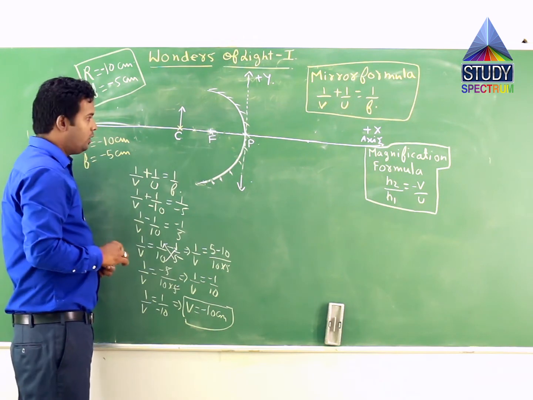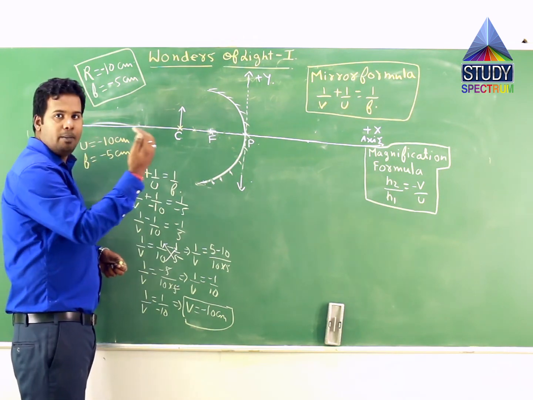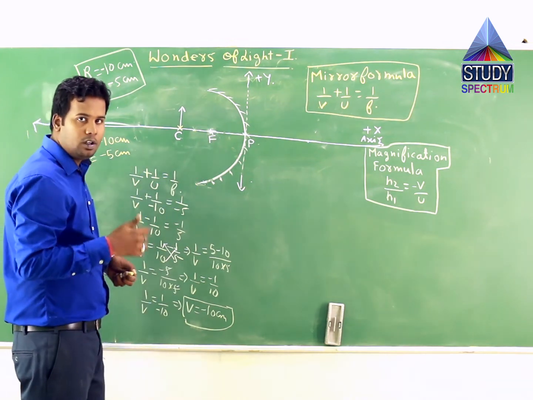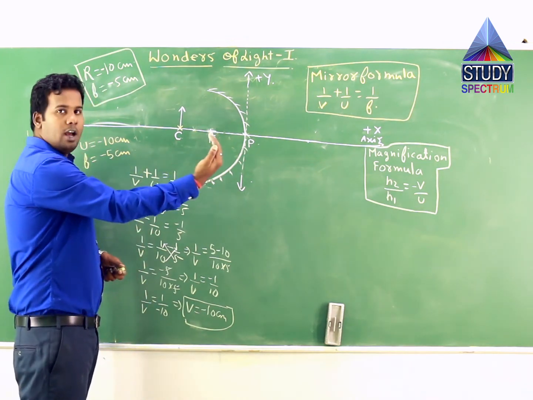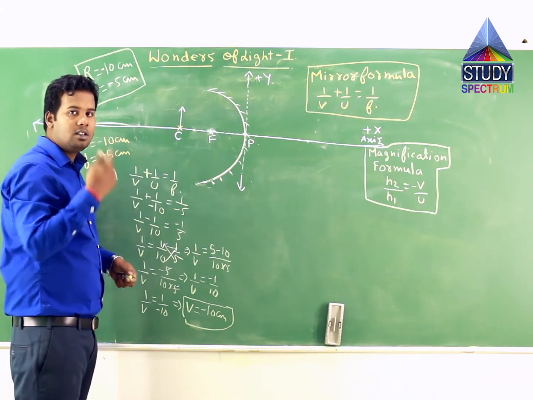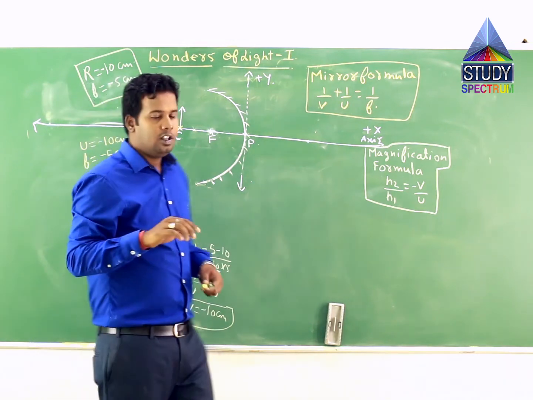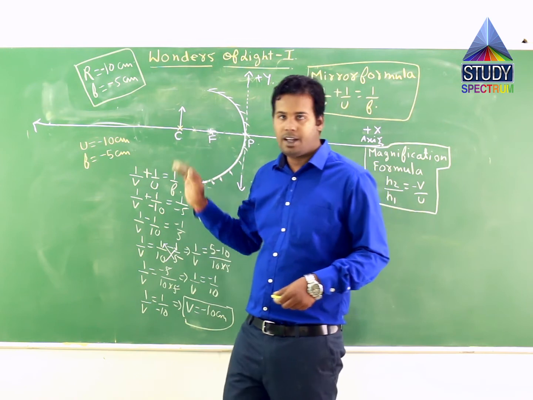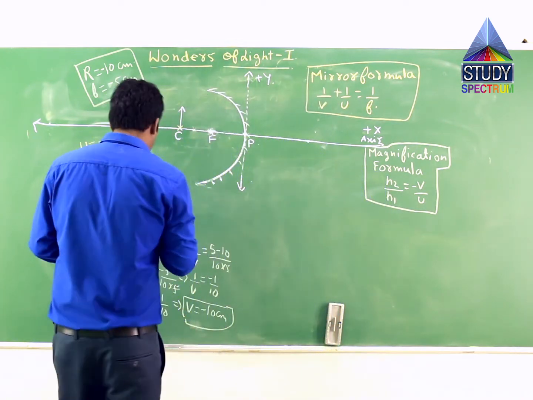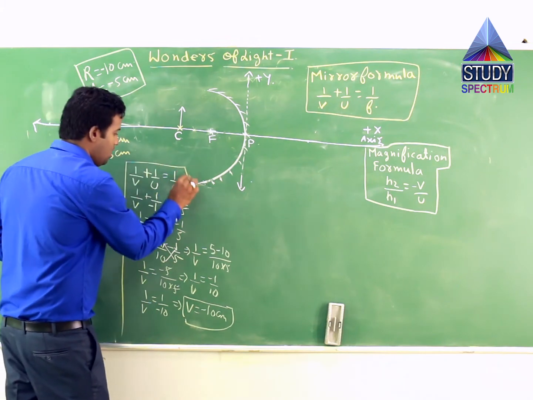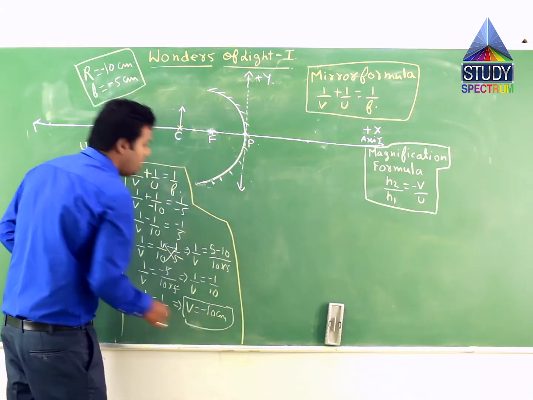Correct? Now the second result: since the image is being formed in front of the mirror, like I have explained earlier in the previous two cases, then this image is real. And if the image is formed behind the mirror, then the image is virtual. So we have two results from this calculation using the mirror formula.